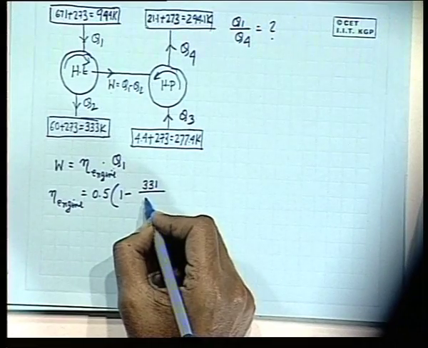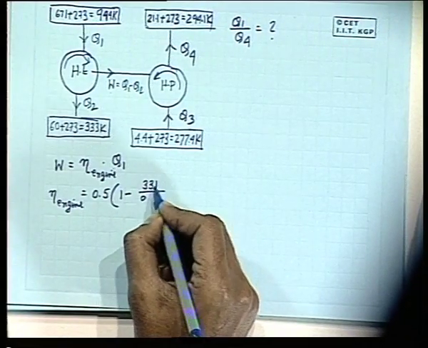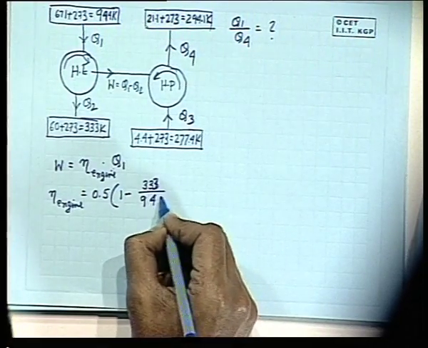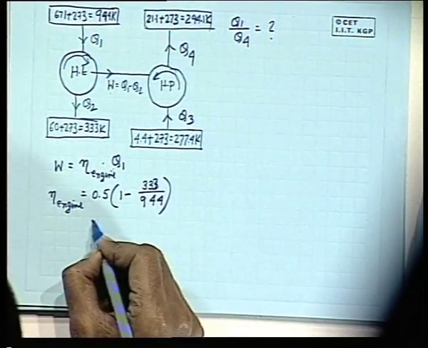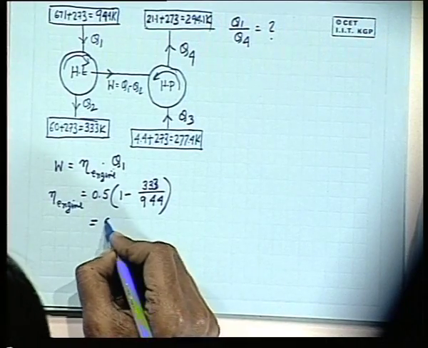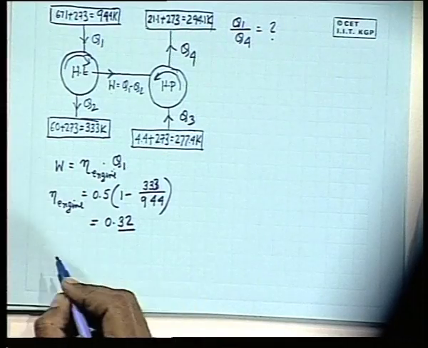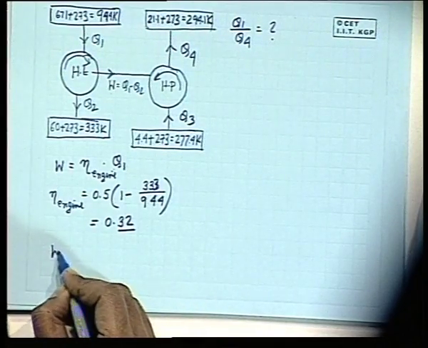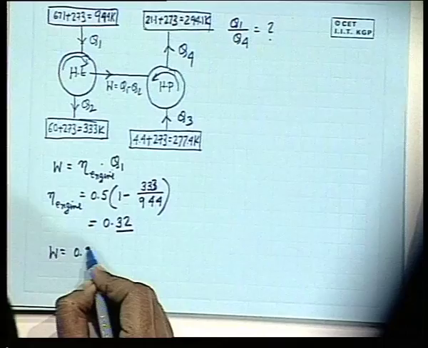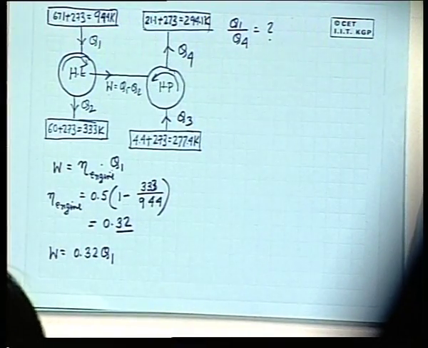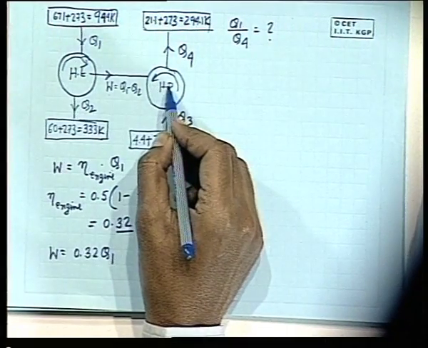That means 1 minus 331 divided by 333, sorry, divided by 944. If you evaluate this value, it will come to 0.32. So, therefore, we can write W is equal to 0.32 Q1.